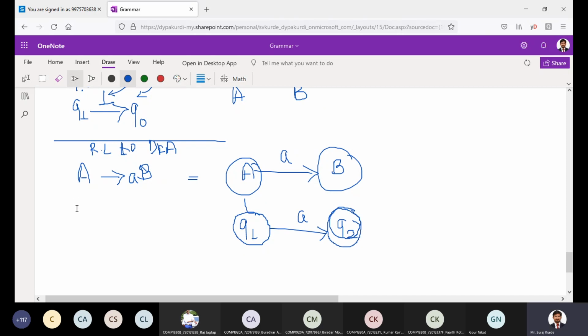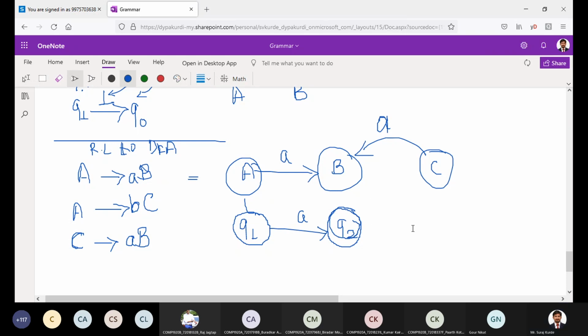If you have another transition, let's say B produces aC, then B on input a goes to C. It is Q3, and what about C on input a going back to B?